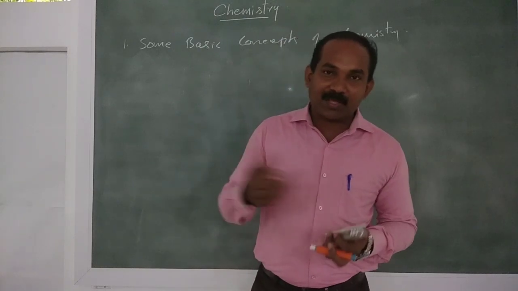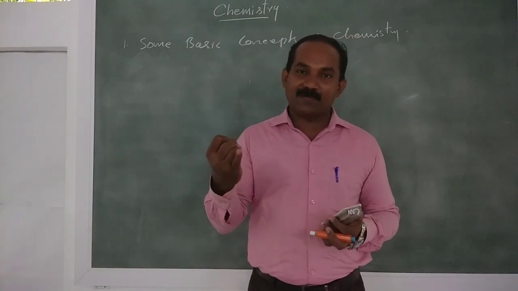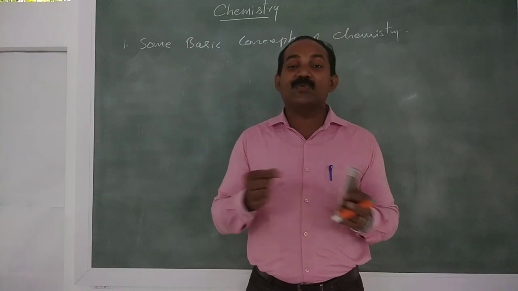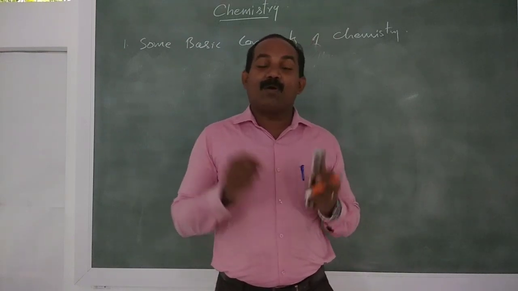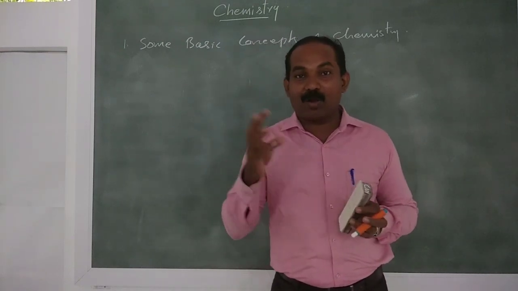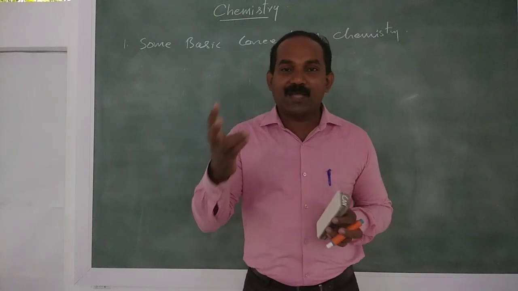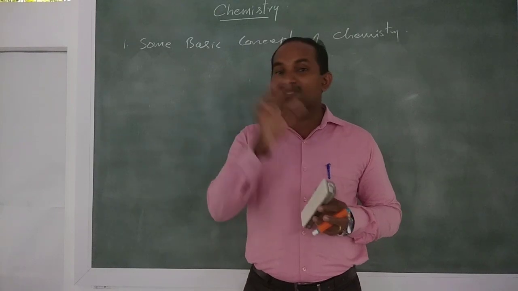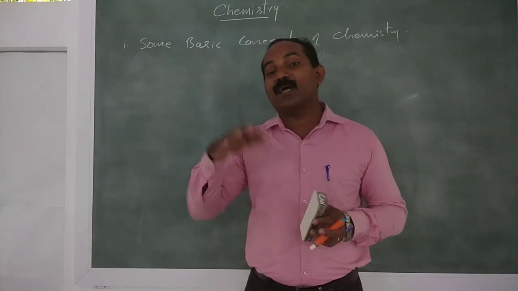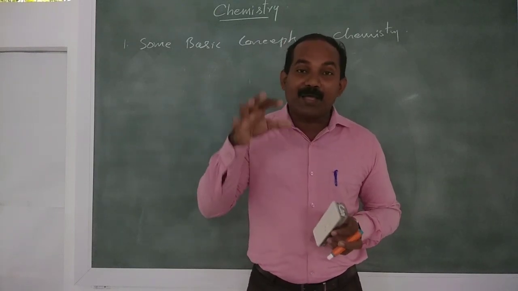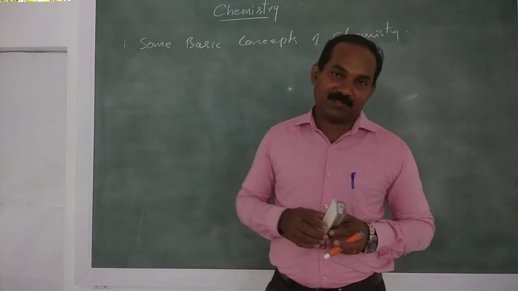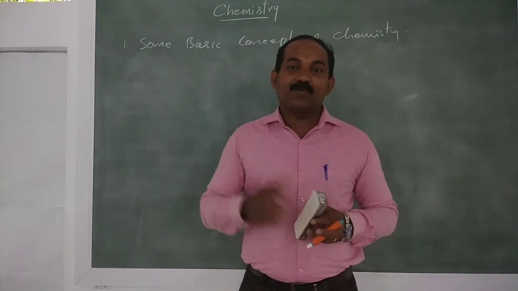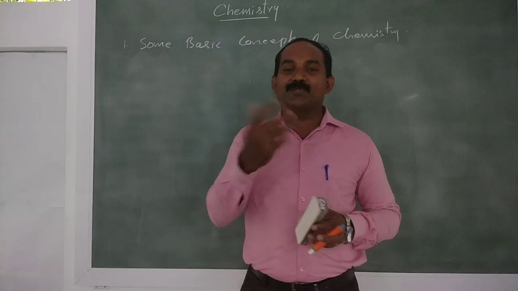What are the chemical properties? Bond length, the distance between the two nuclei of bonded atoms. Bond enthalpy, that means bond energy. All these things we measure by using other techniques, by conducting chemical reactions. Physical properties we can easily observe.